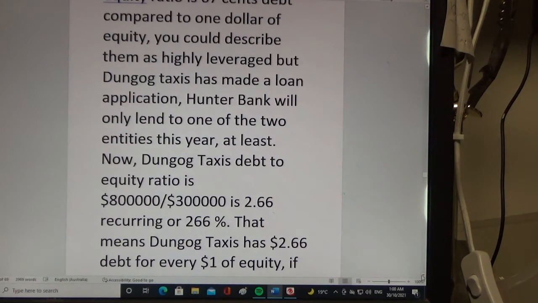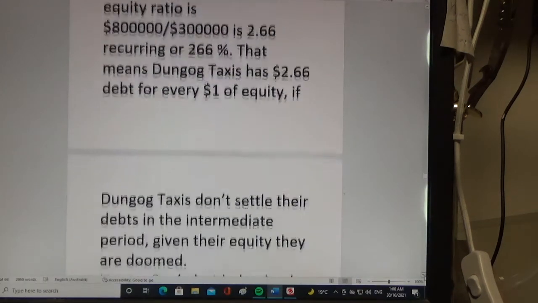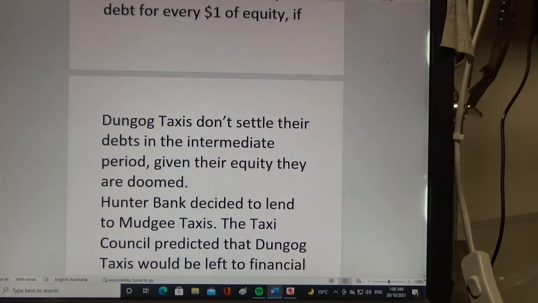That means Dungog Taxis has $2.66 debt for each $1 of equity. If Dungog Taxis don't settle their debts in the intermediate period, given their equity, they are doomed. They're at risk of folding. They probably are insolvent now.